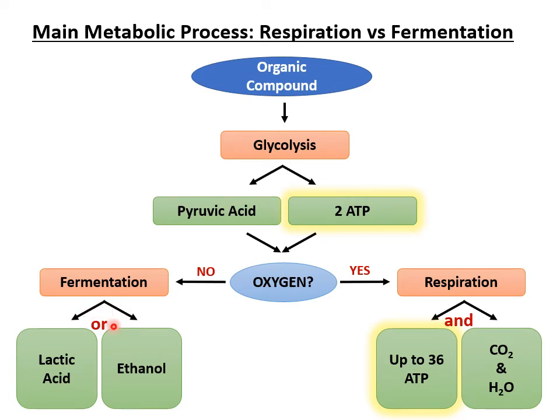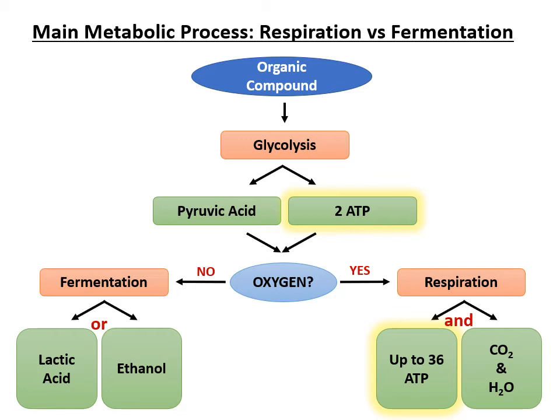So all you get from one glucose is 2 ATP if there is no oxygen present. Because remember, no matter what, glycolysis will happen. So you get 2 ATP no matter what, but then you get nothing extra from fermentation with regards to ATP.